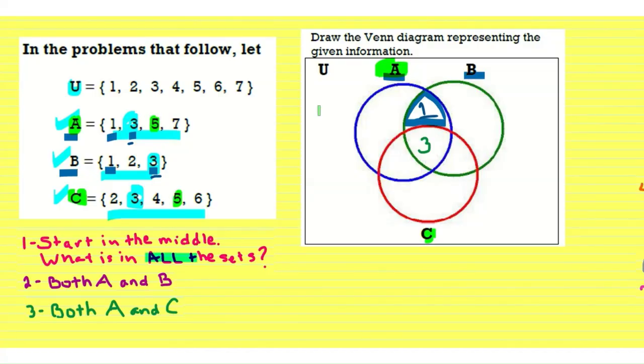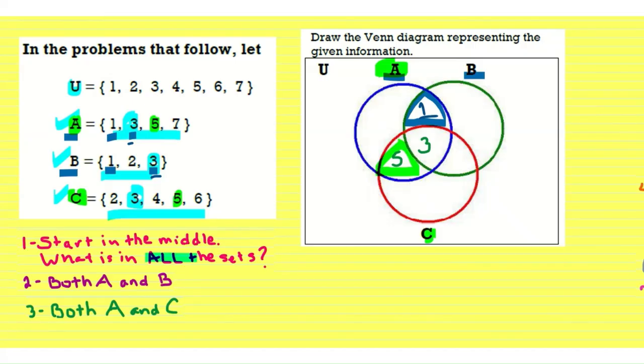So only 5, and that is going to go in this space right here. That space is included in A and C, but not in all three. So I'm going to put number 5 right there.